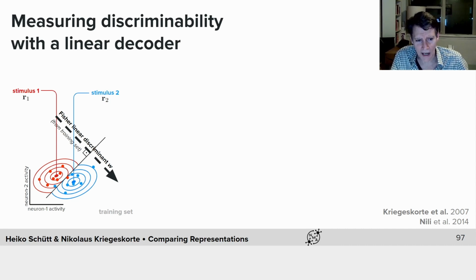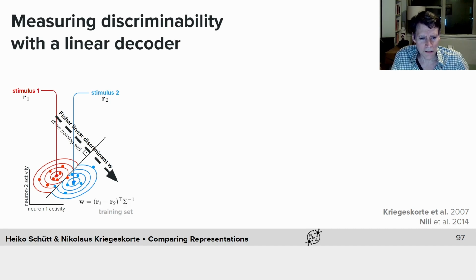And that's what happens in high-dimensional spaces when you fit a decoder, which involves fitting all the weights in this vector W, where you have one weight per neuron. If you have a lot of neurons, you just have so many degrees of freedom that you can end up doing very well on the training set, despite the fact that there's actually no information in the data.